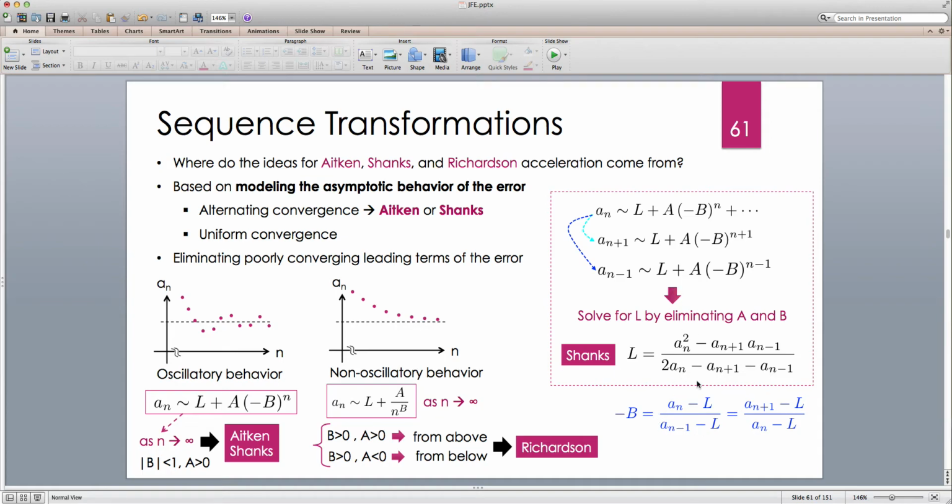So that basically means that if we set these two equal to each other, then we have eliminated a and b and have come up with a relation between l, the limit, a_n, a_(n+1) and a_(n-1). And now I can actually solve for l, and l is (a_n squared minus a_(n+1) a_(n-1)) divided by (2 a_n minus a_(n+1) minus a_(n-1)), which is exactly the Shanks, right?